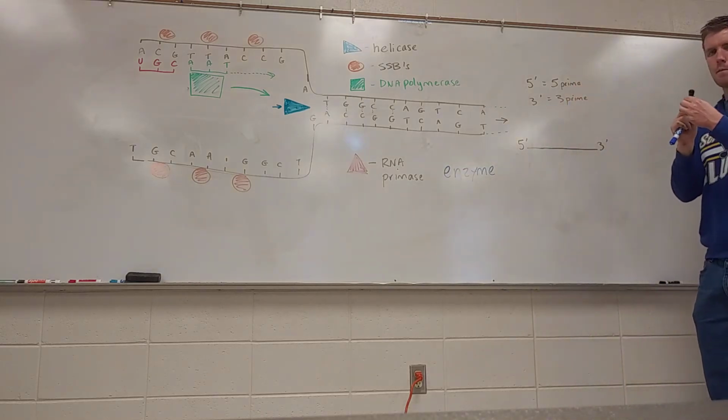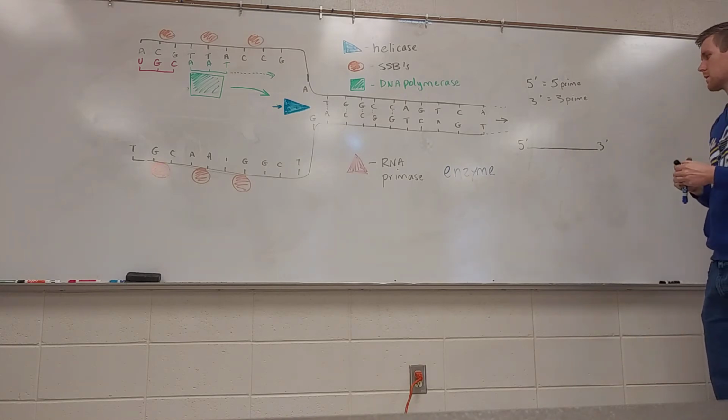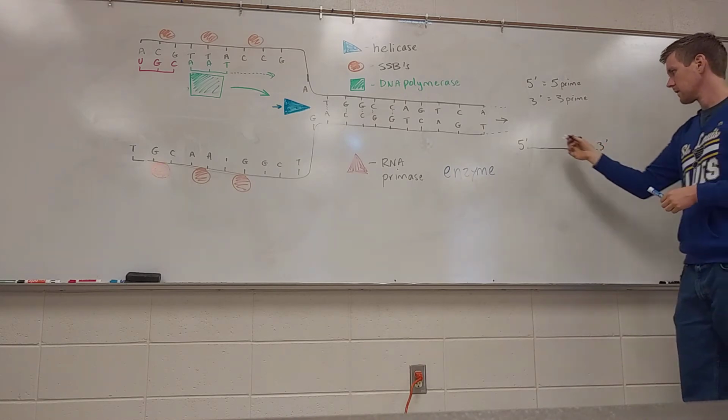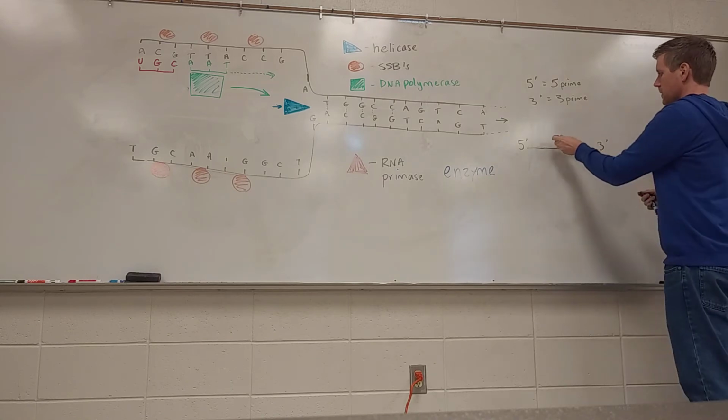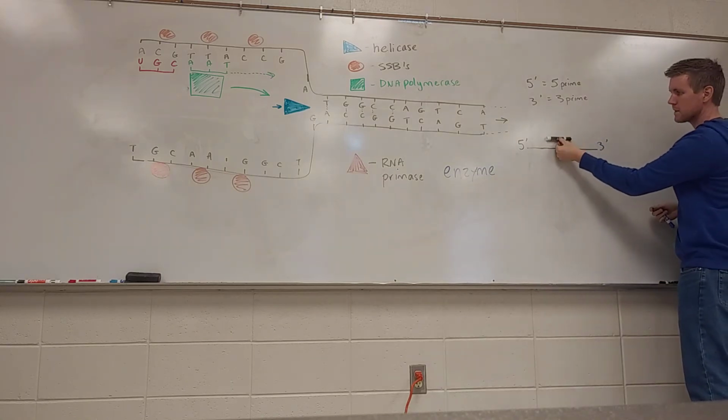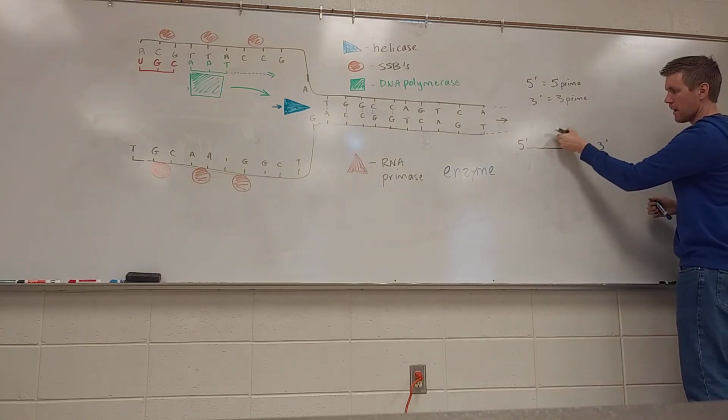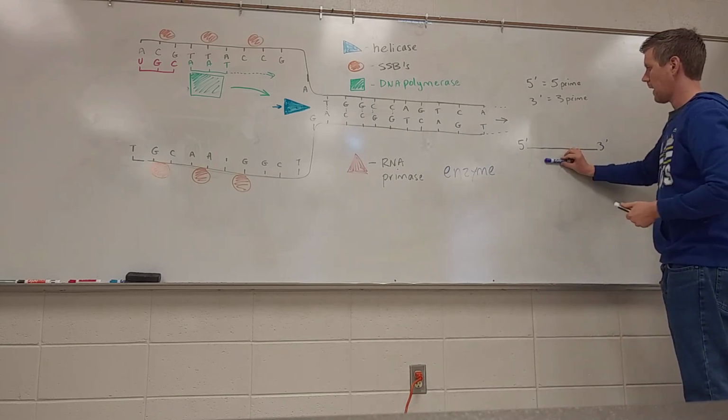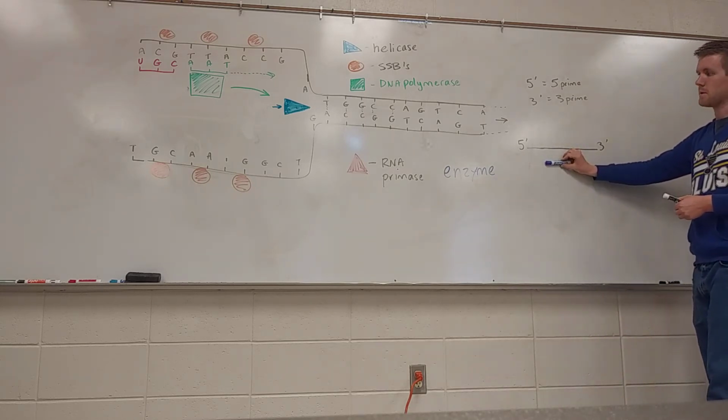We're going to say the cap of the marker is going to be the 3. So if the top one is running from 5 to 3 like this, the bottom one has to be running from 5 to 3 the opposite direction.